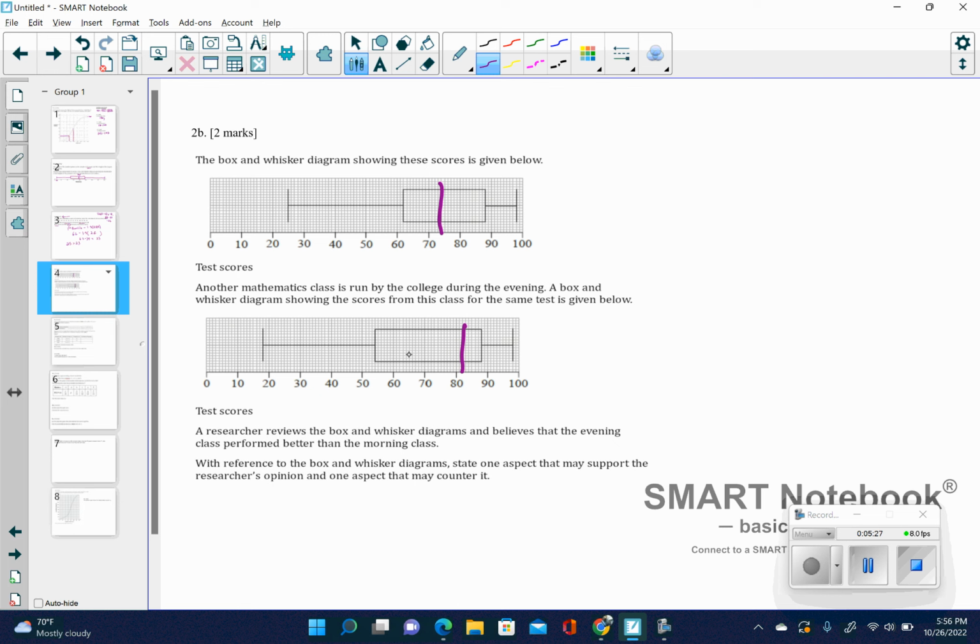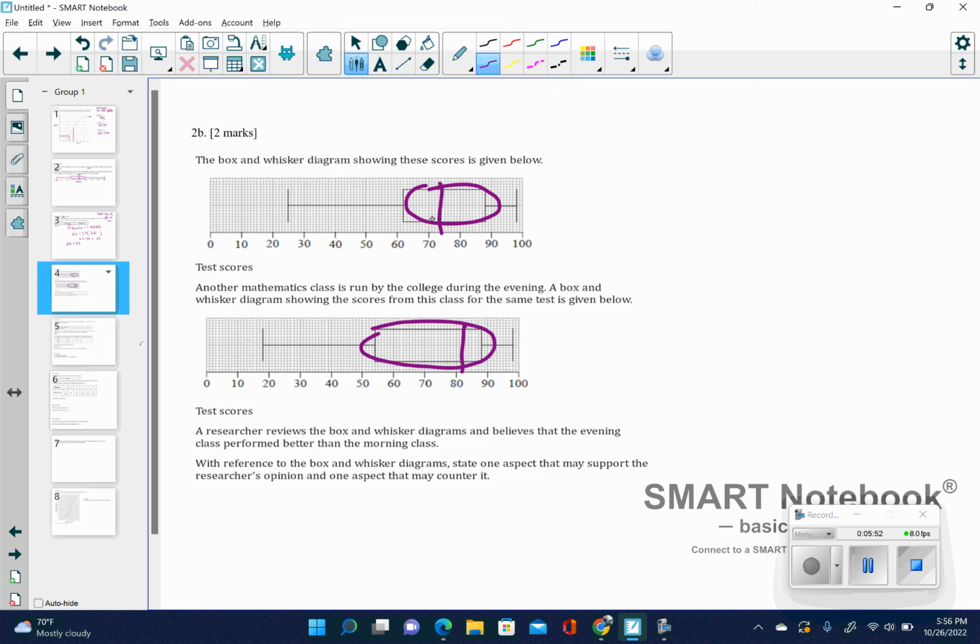But you should have also said that because it's asking you for the spread. So if you look at this, the spread of this one right here is going to be higher than the spread of this. So you could have said the median for the evening classes is greater than the median for the morning classes, as well as the spreads are more spread out in the evening than it is for the morning classes.